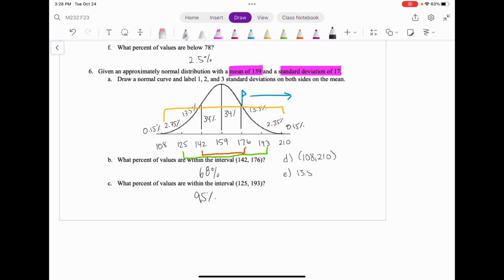That's 13.5% plus 2.35% plus 0.15%, which is 16%. And then the last question asks me what values are below 125. I go to 125 and I'm adding all the values below that, which would be 2.35% plus 0.15% to give me 2.5%.